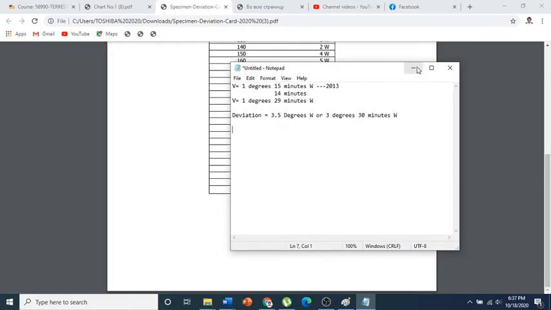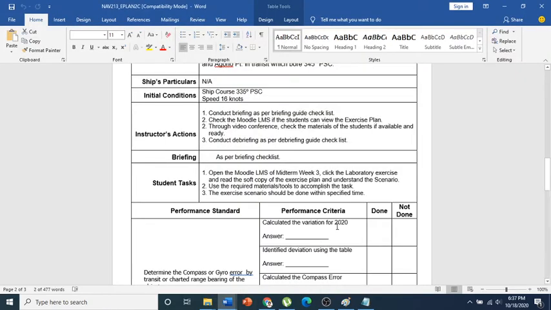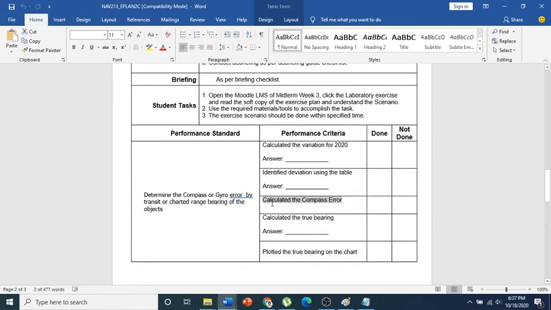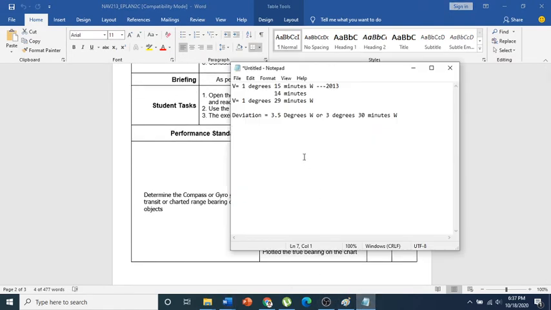After that we go to another task, calculate the compass error. By now you already understand that compass error is the combination of both variation and deviation. You may have already heard that in previous discussions or in the book. Therefore, we add variation and deviation.